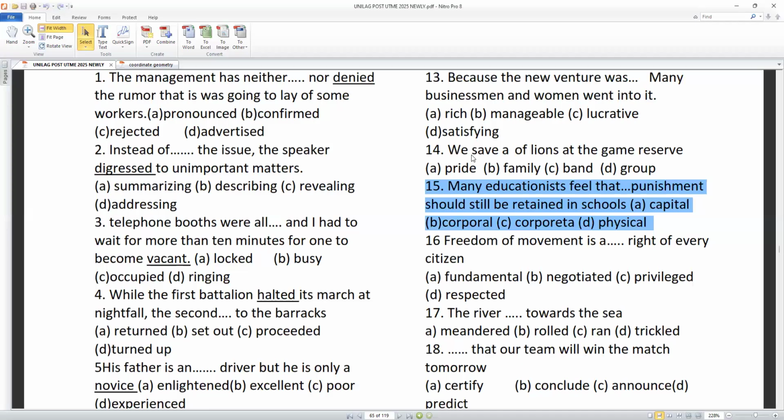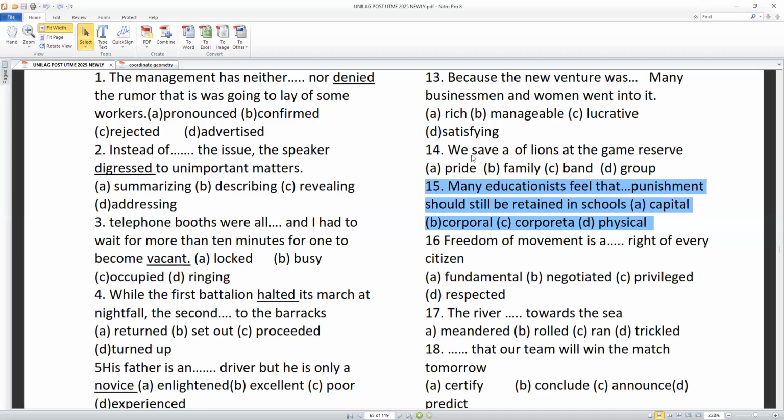What is corporal punishment? Corporal punishment is punishment given to students in school for acts of disobedience, something like that. Is that the kind of punishment that warrants capital punishment?